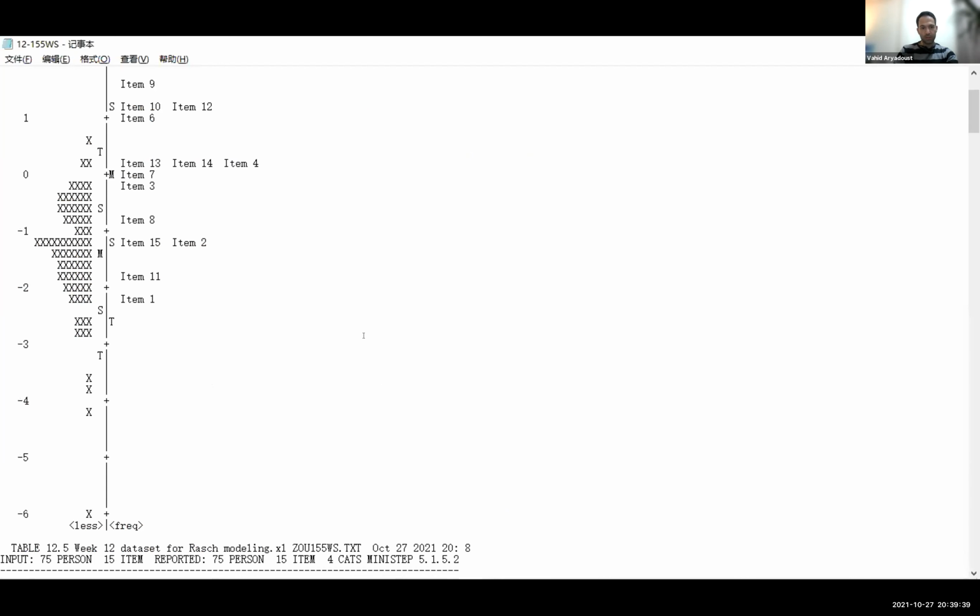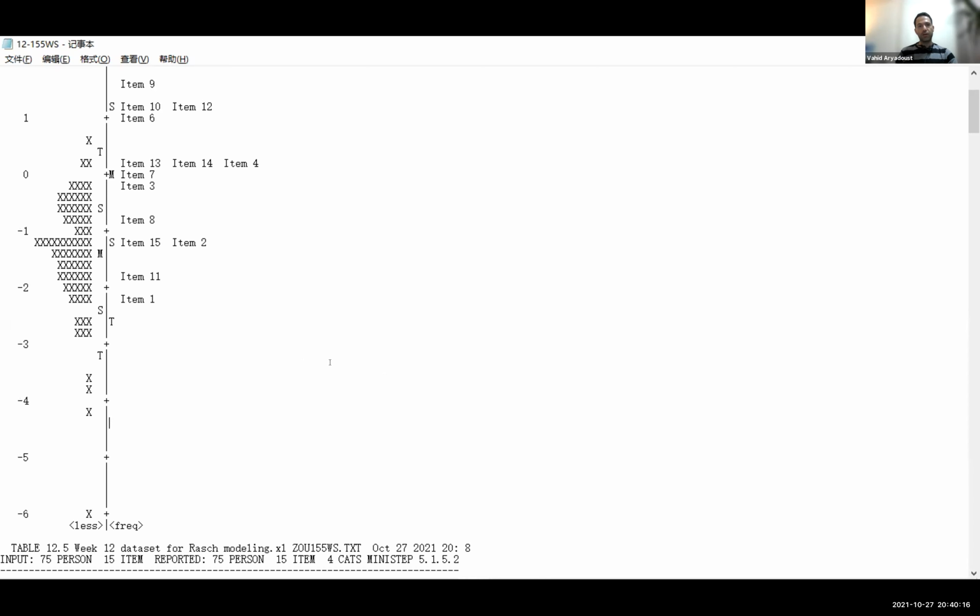Because the input at the bottom of this table reads 75 persons, but there were more than 75 people, right? There were about 200 plus, if I'm not wrong. 239? So for you, only 75 people were analyzed. This is because you're using the trial version of Winsteps. If you use the version that I sent you, you would have gotten all the people in your data analysis. Oh, okay.